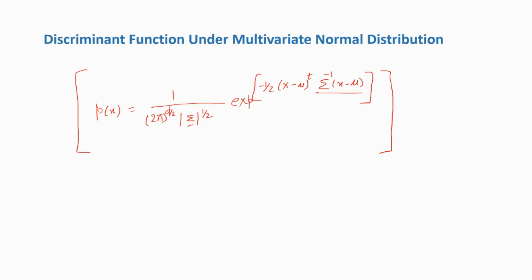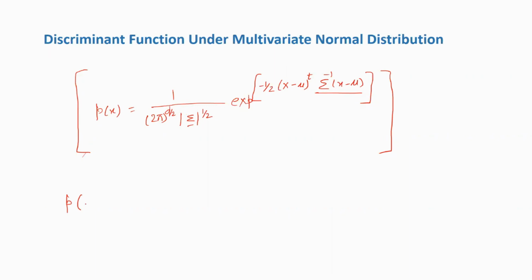Okay, so the conditional probability distribution for any given d-dimensional feature vector can be written as follows. I'm saying conditional probability distribution, not the simple probability distribution.